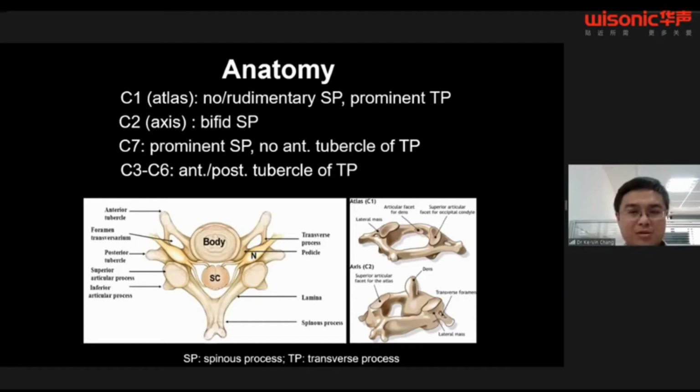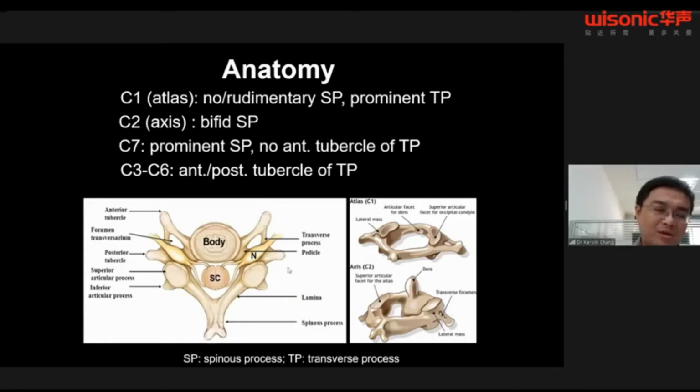And for C2, its characteristic is its spinous process. Its spinous process is bifid, so you can recognize C2 by recognizing the bifid spinous process. And for C7, it is different from the others.